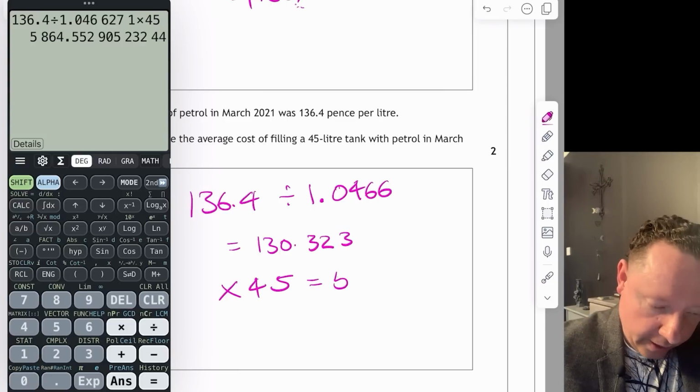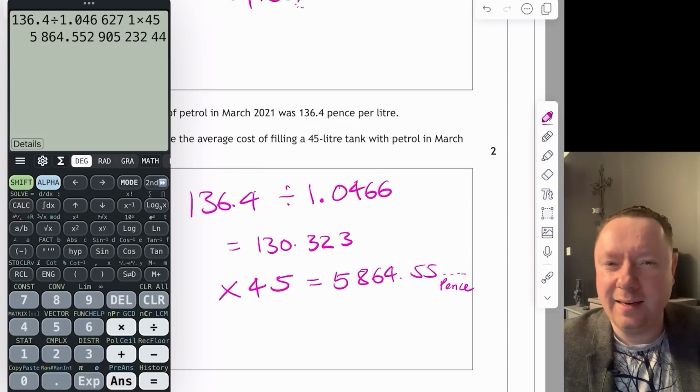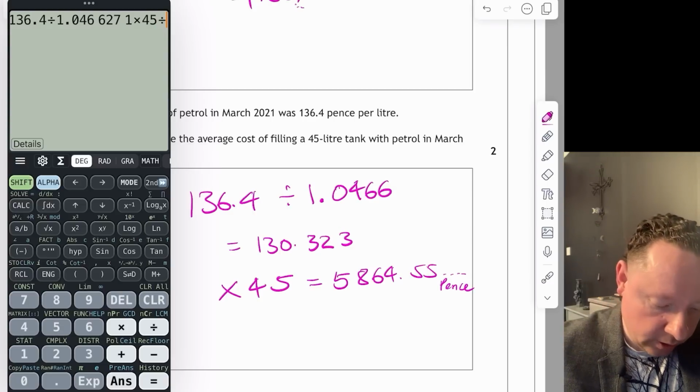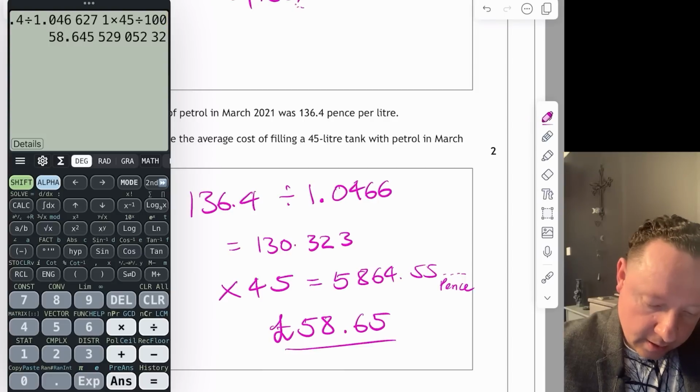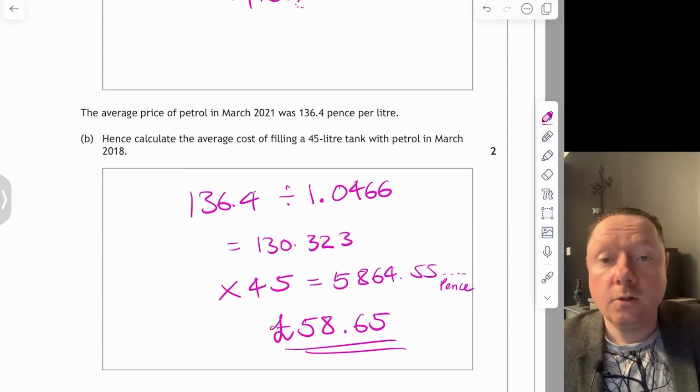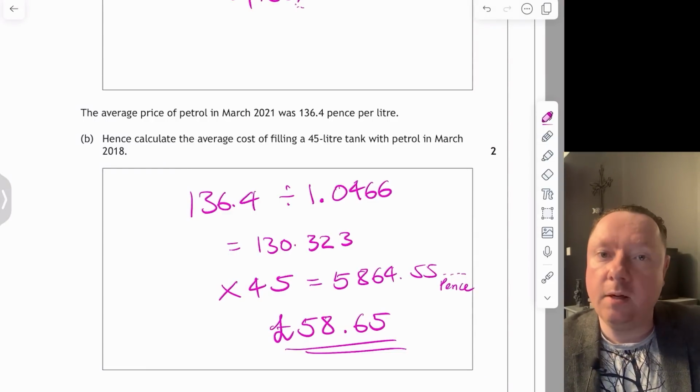That gives you 5864.55 and a bunch of numbers. But that's going to be pence. Now pence looks a bit nasty to me, so I'm going to divide by 100 to get £58.65. Due to rounding, you'll get 58.65 or 58.63, and that'll be completely fine.